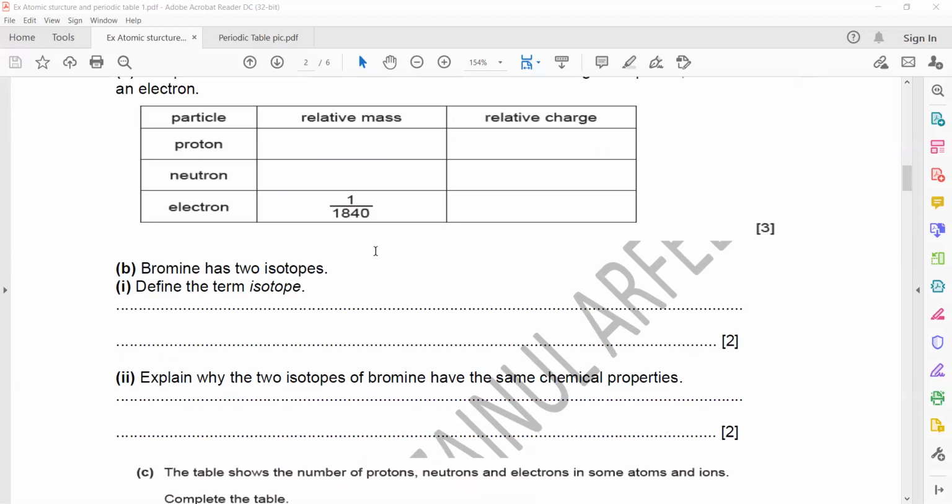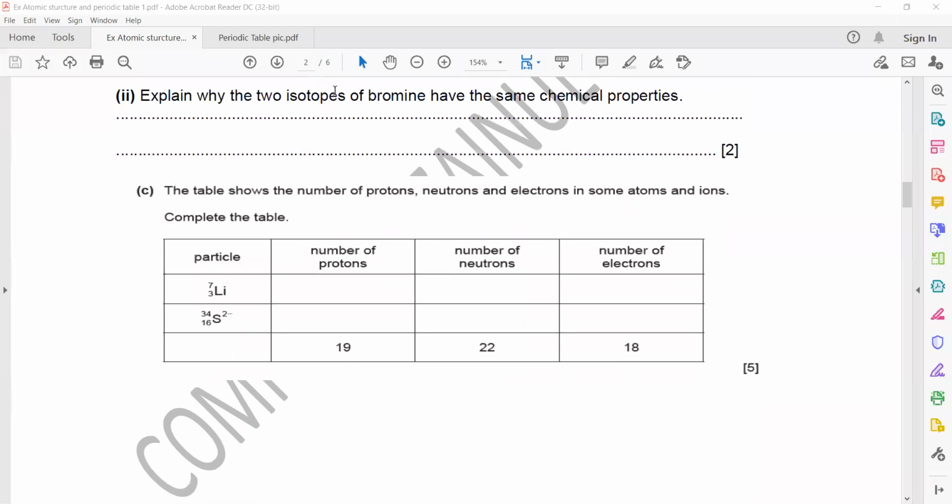Then explain why the two isotopes have the same chemical properties. The chemical properties depend on the number of electrons present in the last shell. So why do the two isotopes have the same chemical properties? Because they have the same number of electrons in the outermost shell.